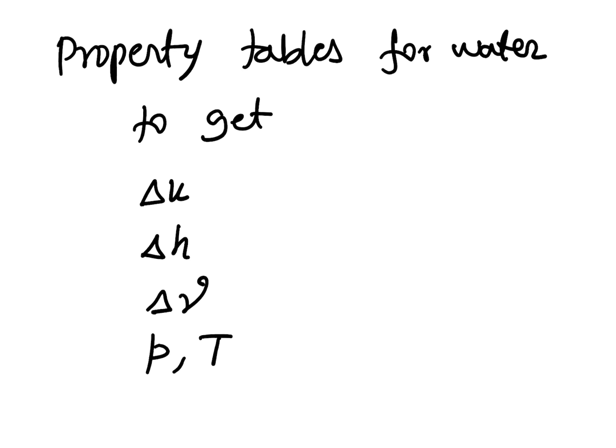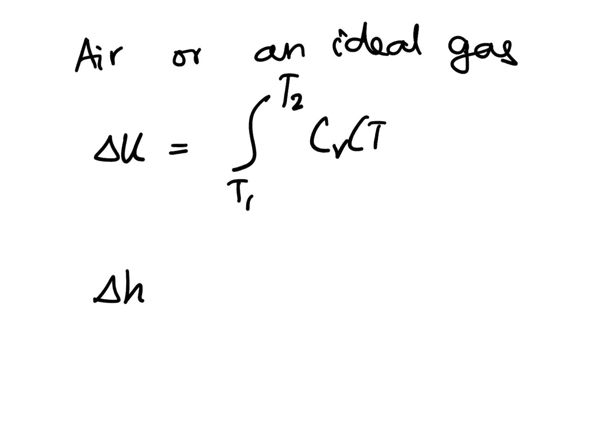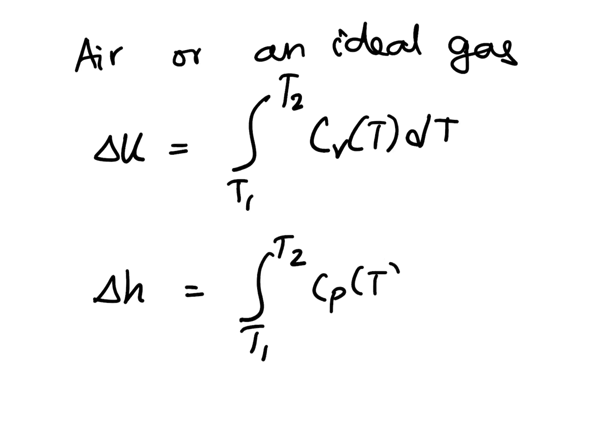If you are dealing with water, you use the property tables, which are A3 to A6. If you are dealing with air or an ideal gas, you can simply calculate delta U or delta H by using the integral formulas, and the correct expression for Cv and Cp.